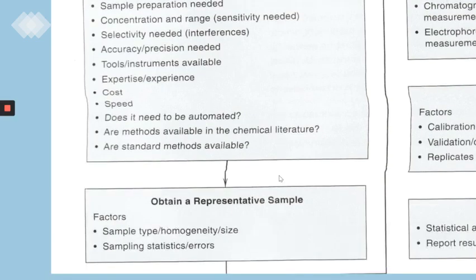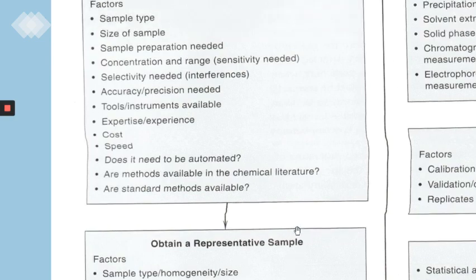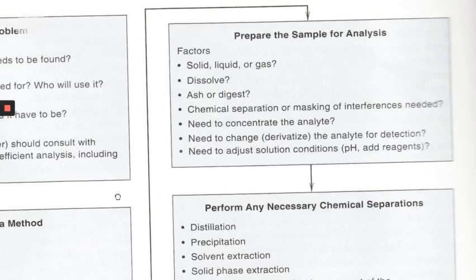And then obtain a representative sample. So you must consider sample type, homogeneity of size, and sampling statistics and errors. And then prepare the sample for analysis. You must consider the factors. Is the sample solid, liquid, or gas? Will it dissolve?